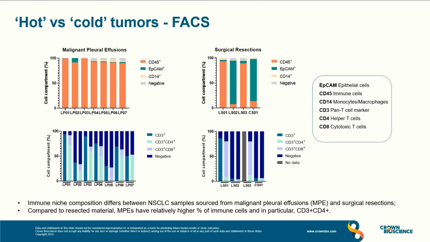Another example from our own data shows differences in the immune TME composition between different samples of the same indication, non-small cell lung cancer. We analyzed the composition of malignant pleural effusions and surgical resections of several patients by FACS and found that compared to resected material, malignant pleural effusions had a relatively higher percentage of immune cells and in particular CD3, CD4 positive.